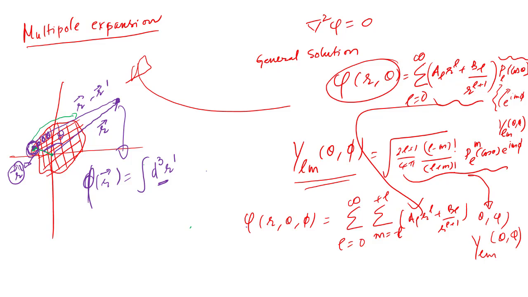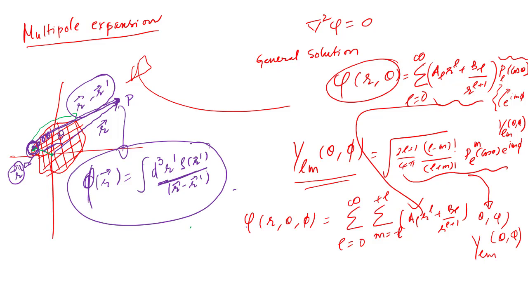Each cell would have a total charge of the charge density times the volume, and the distance between this and the point P would be r minus r prime. So this was, in general, the definition of the potential.